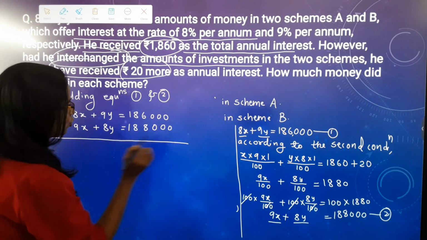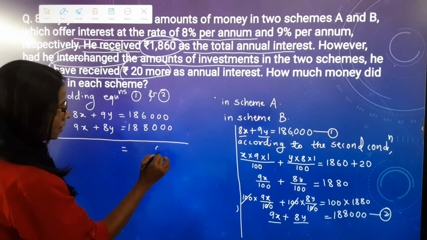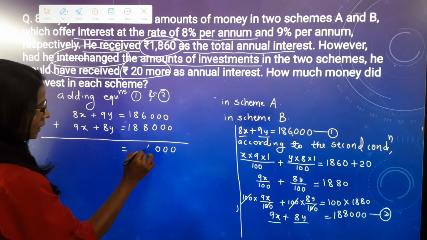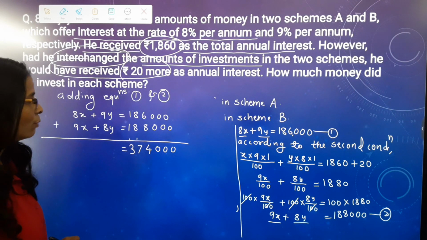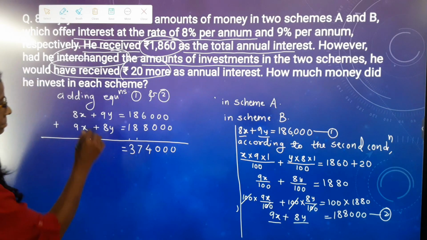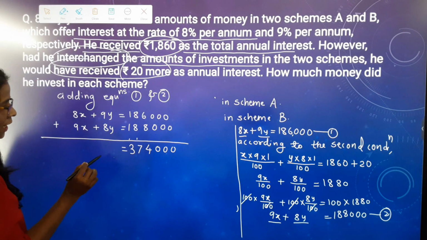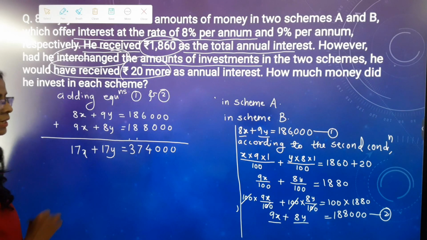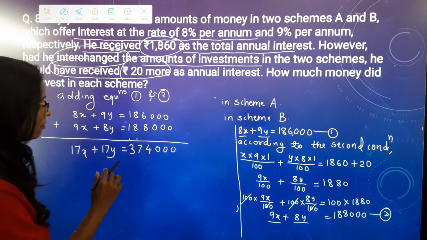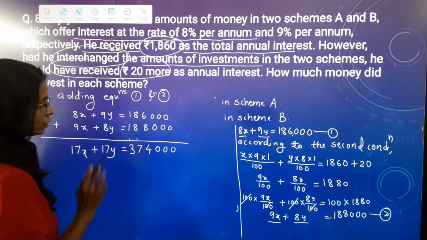Adding, we get 17x plus 17y is equal to 3,74,000.